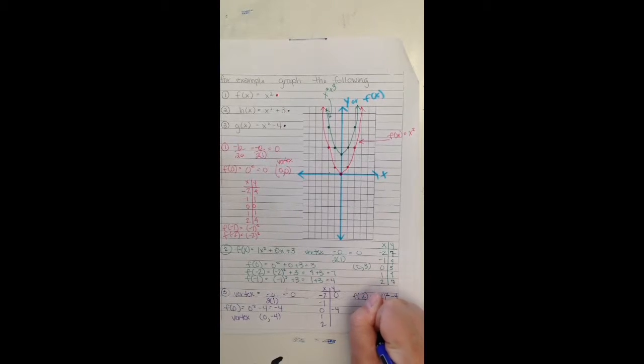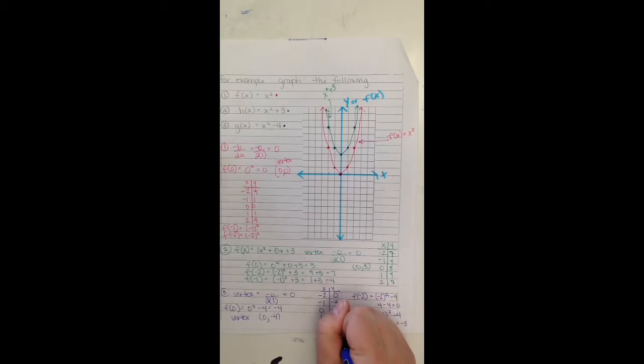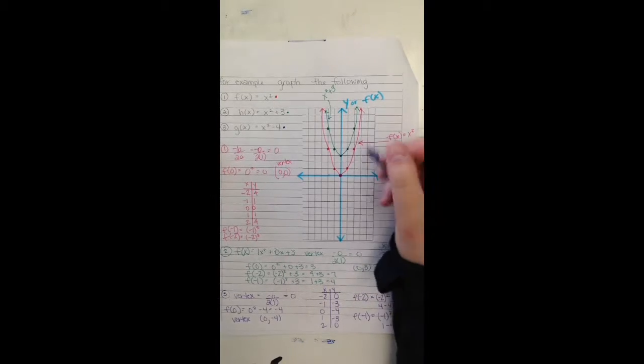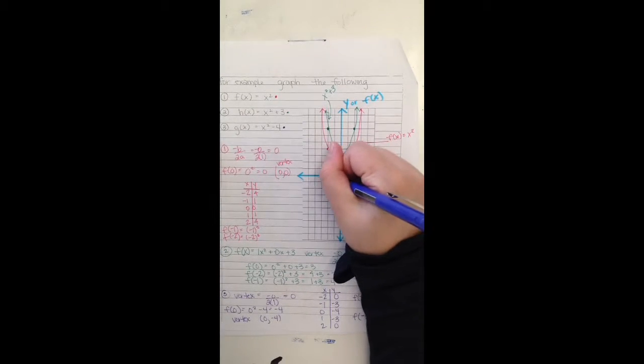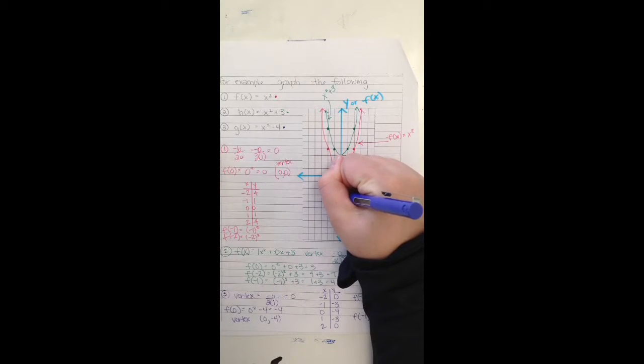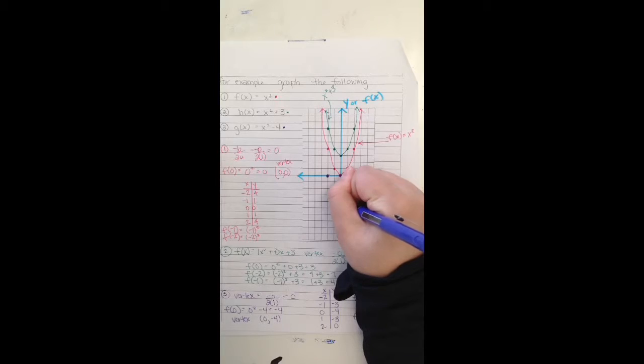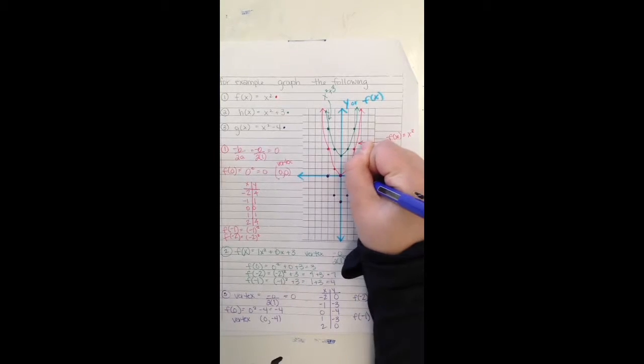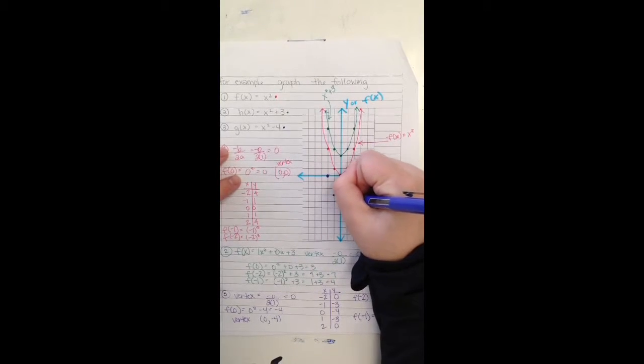F of negative 1 is negative 1 squared minus 4. So I get 1 minus 4, or negative 3. These are symmetrical. So I have negative 2, 0, negative 1, negative 3, 0, negative 4, 1, negative 3, and 2, 0. And then I can draw in my curve.